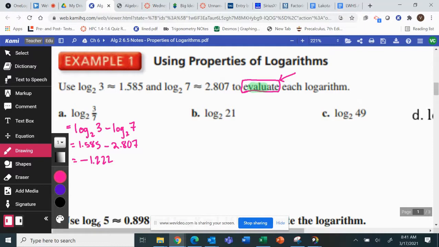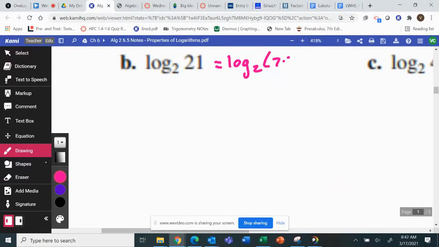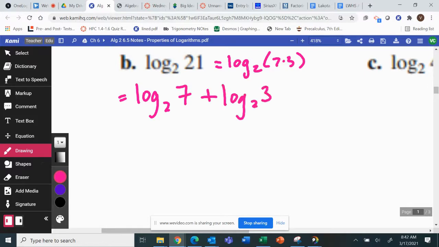Jacob? 7 times 3 is 21. Right, so we're going to rewrite this. So this is log base 2 of 7 times 3. So we're going to rewrite this log as log base 2 of 7 plus log base 2 of 3.